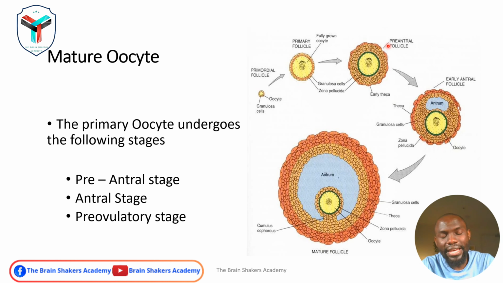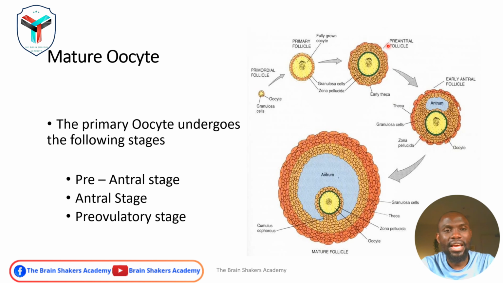Just like spermatogenesis, gametogenesis in females is also regulated by the HPG axis, the hypothalamic-pituitary-gonadal axis, where the hypothalamus is inputted to produce the gonadotropin releasing hormone, which then affects the anterior pituitary gland to produce its hormones, the luteinizing hormone and the follicle stimulating hormone.